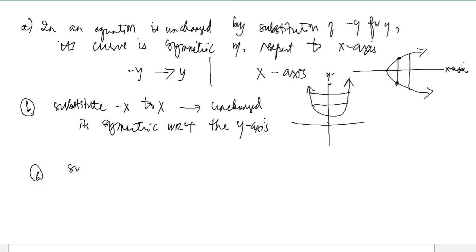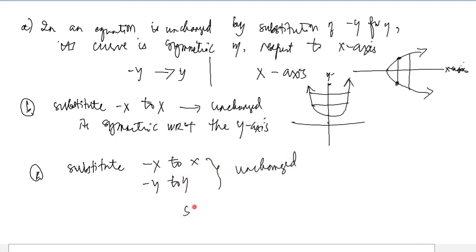if we are going to substitute both the negative x for x and negative y for y, tapos yung equation natin is unchanged, then it's symmetric with respect to the origin naman siya.